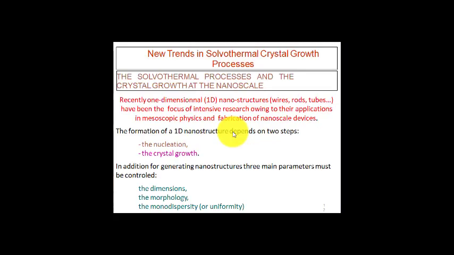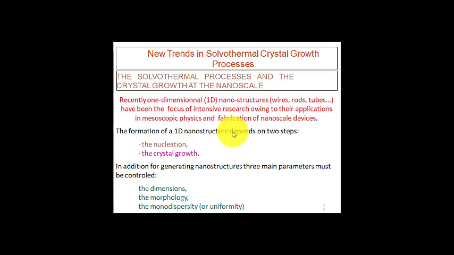So recently one dimensional nanostructures, wires, rods, tubes, have been the focus of intensive research owing to their applications in mesoscopic physics and fabrication of nanoscale devices. The formation of a one-dimensional nanostructure depends on two steps.